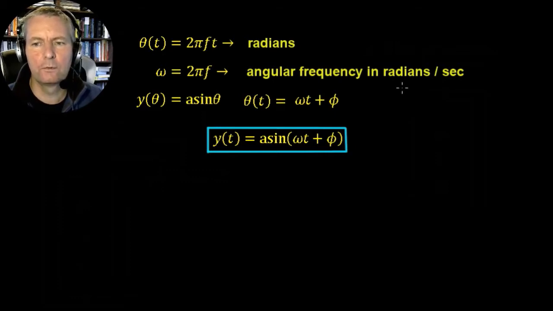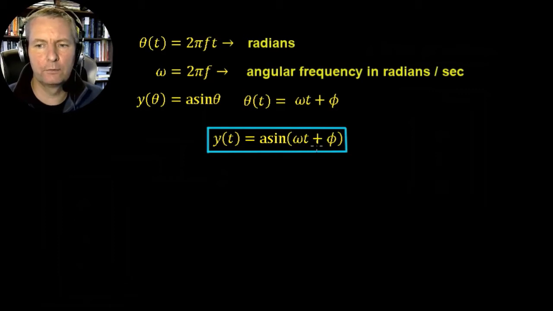So we can say that y is a function of theta, so we know that y equals A sine theta, but theta is also a function of time, which is equal to omega t. Now we can also add in an extra term, the phase, which determines whereabouts within that circle the phasor started to rotate, so we add that on as an extra term phi.